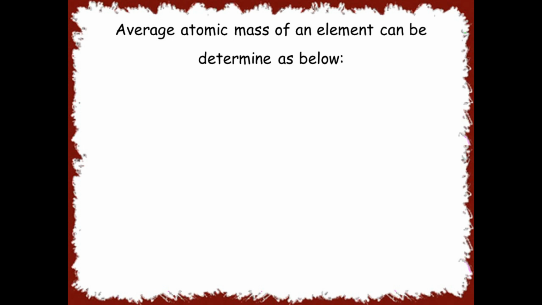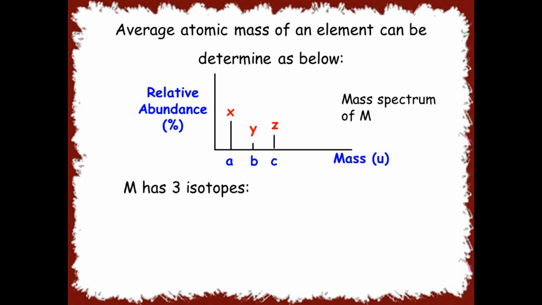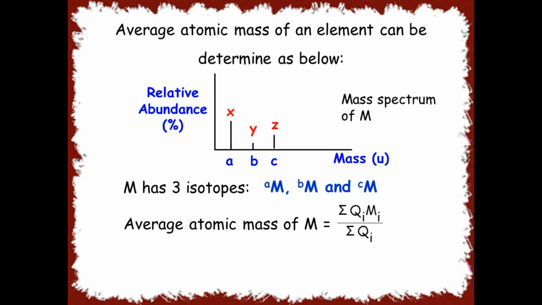This is the correct way to calculate the average atomic mass of an element. Given the mass spectrum of M, according to the mass spectrum, there are three isotopes of M. Average atomic mass of M is equal to the sum of Qi multiplied with Mi divided by the sum of Qi. Let's calculate the average atomic mass.